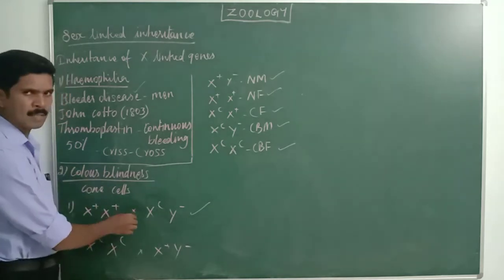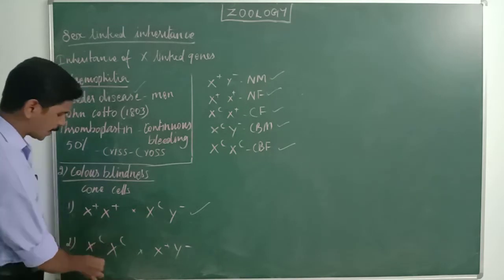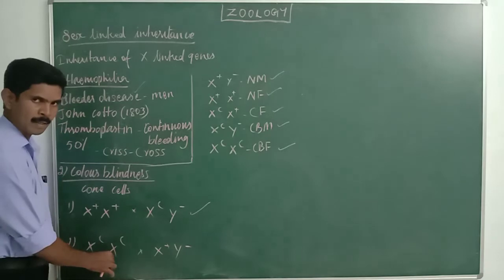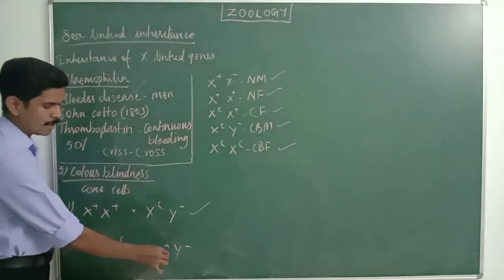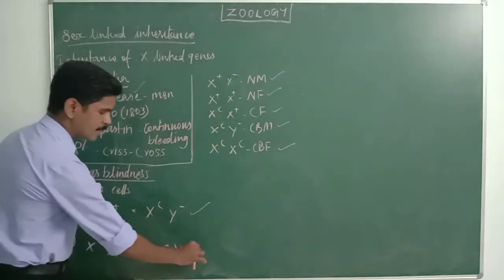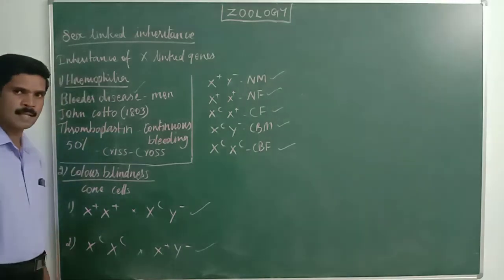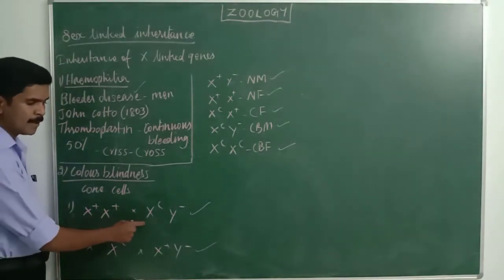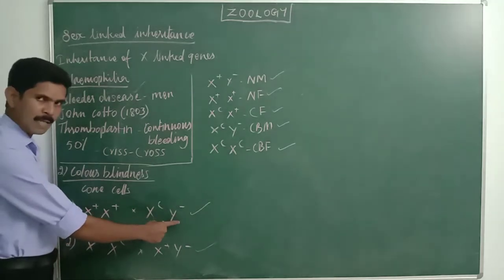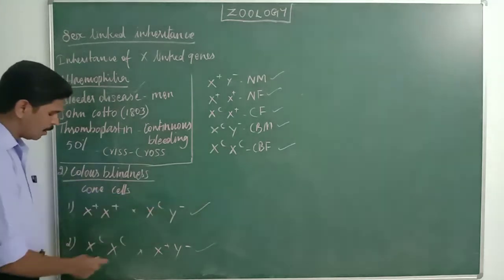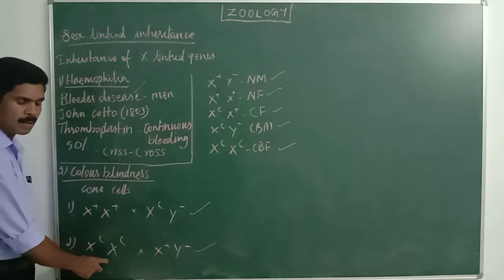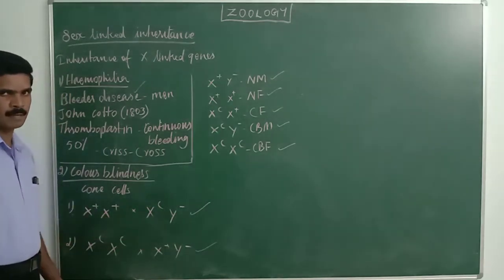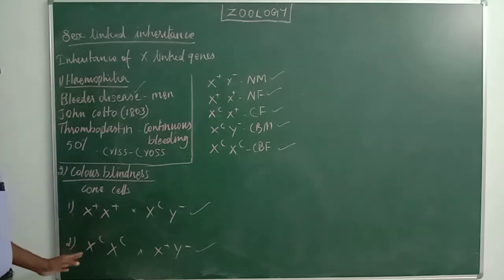The second marriage is when a colorblind female marries a normal man. So when a normal female marries a colorblind male, or when a colorblind female marries a normal male, this disease is transmitted. Hope you understood.